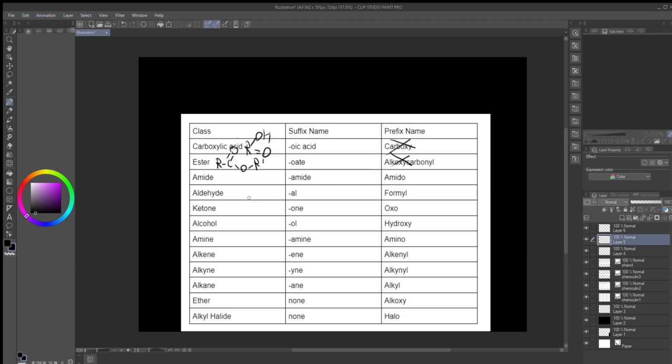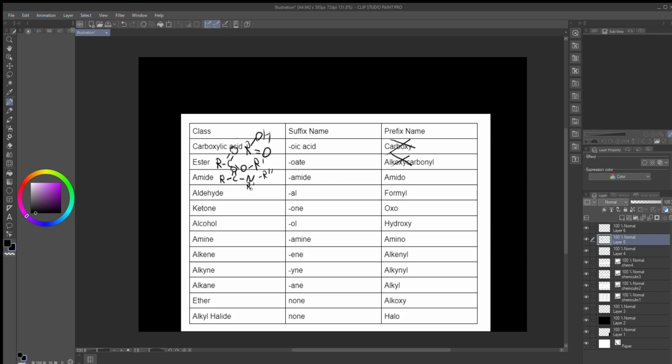And then after that, we have amides, which has a carbon main chain, single bonded to a carbon, double bonded to an oxygen, which is then single bonded to a nitrogen, and single bonded to a second carbon chain. The suffix is amide, and the prefix is amido.